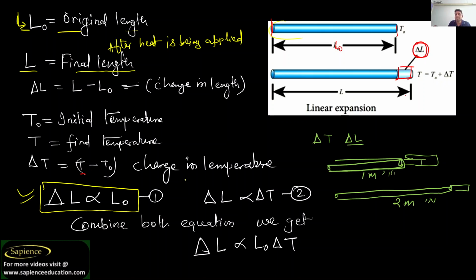Now it has been seen that change in length is directly proportional to the temperature difference. More is the temperature difference, more is the change in length. For example, let us consider earlier it has a temperature of 100 degrees Celsius and the outer temperature is 25 degrees Celsius.